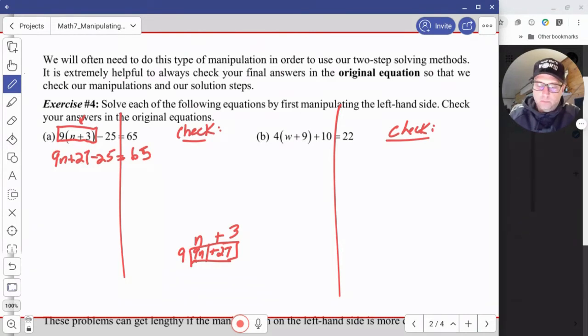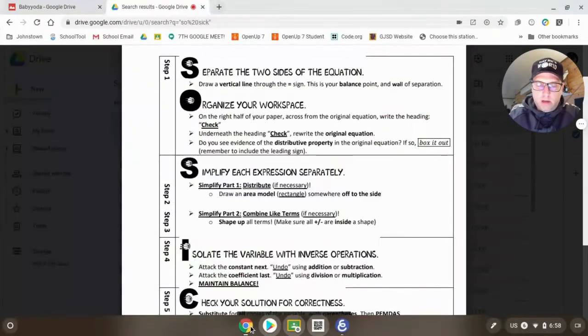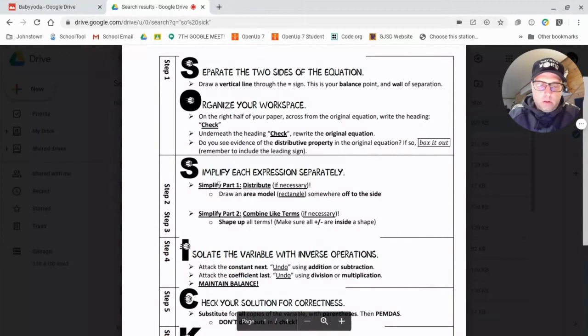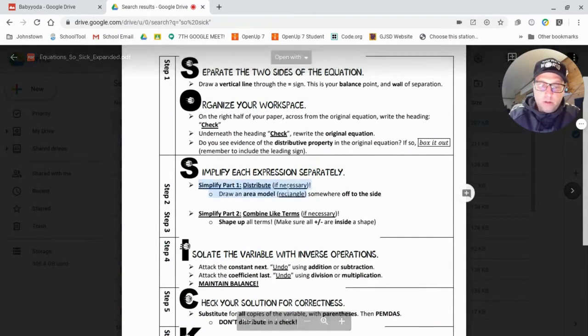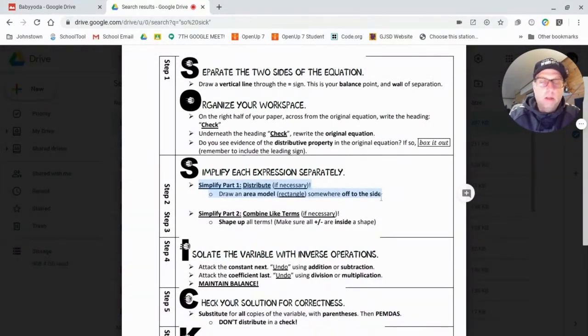Again, in the notes. So we did the SO part. Now we're in the S of SIC. And the simplify part 1 is to distribute if necessary. It was necessary. Here we go. Simplify part 2 is to combine like terms.